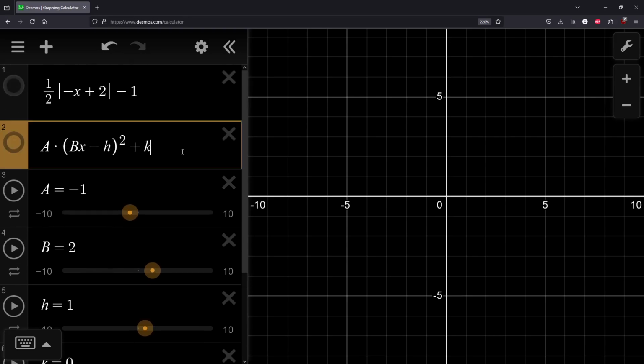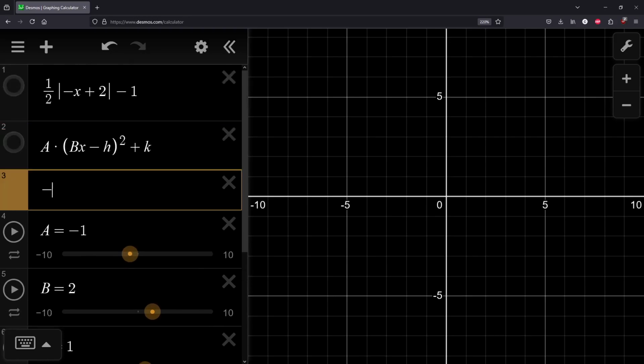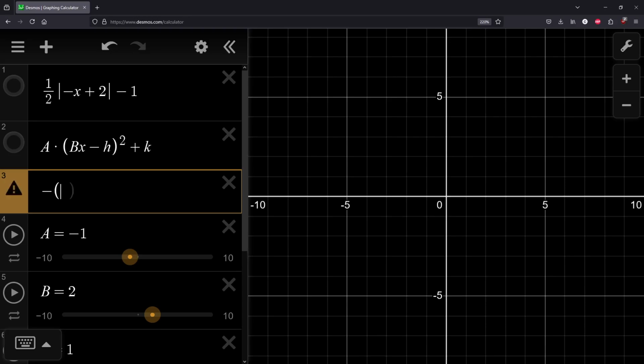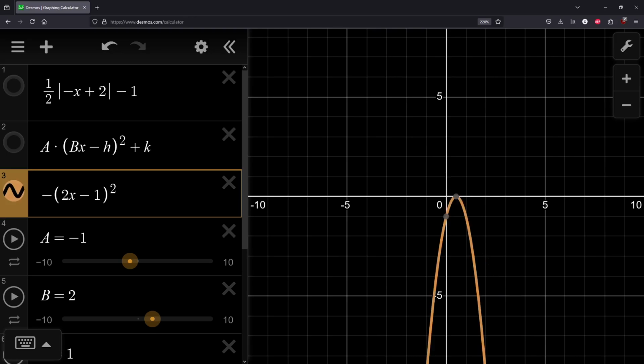If I have rewriting this as negative 2x minus 1 squared, can I see, oh, I have an h value of 1, so I'm shifting 1/2. Since it's a negative, I'm shifting it to the right 1/2.